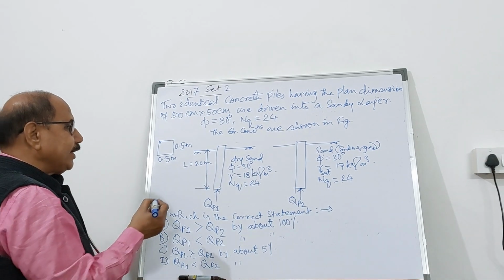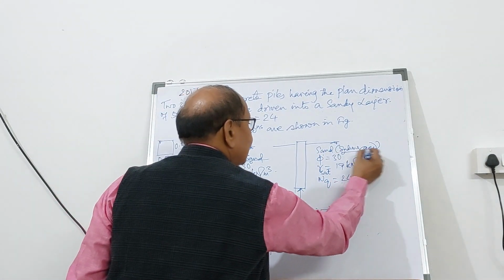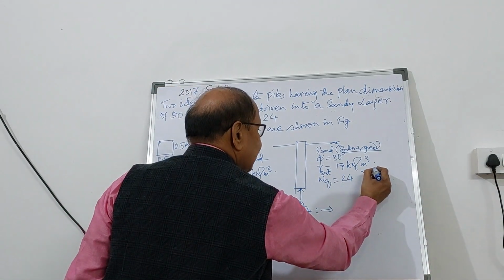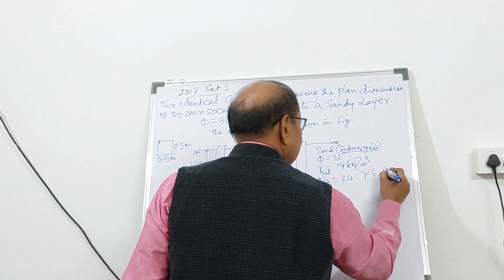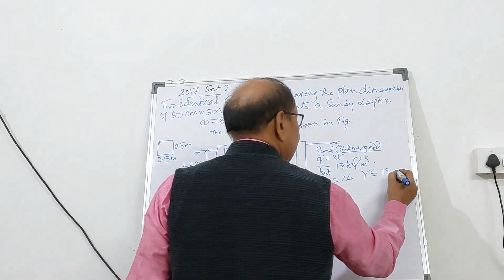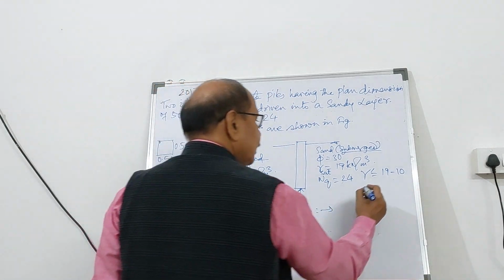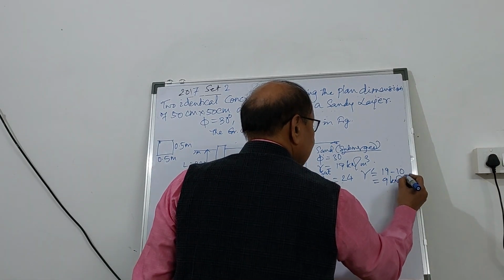So by calculating, here it is dry sand, here it is submerged. Naturally, what is the submerged unit weight, gamma prime? The submerged unit weight will be 19 minus approximately the unit weight of water, you can take it as 10 kilonewton per cubic meter. So it becomes 9 kilonewton per cubic meter.